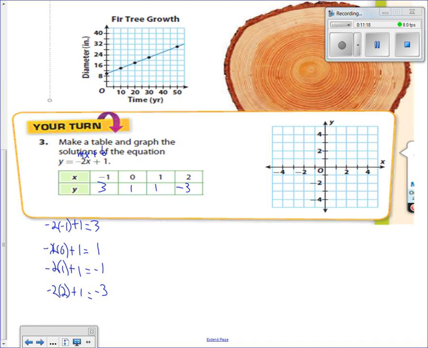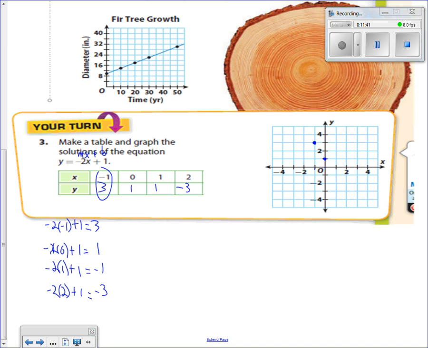Okay? And then we need to graph. Make a table and graph. So -1, 3 is our first point. Go with -1, go up to 3. Next one, 0, 1. Start at 0, go up to 1. Next one, 1, -1.